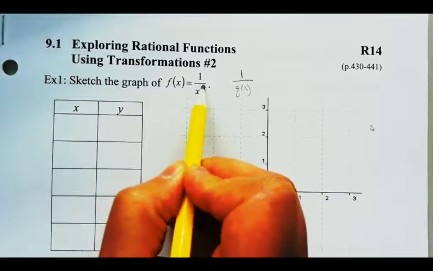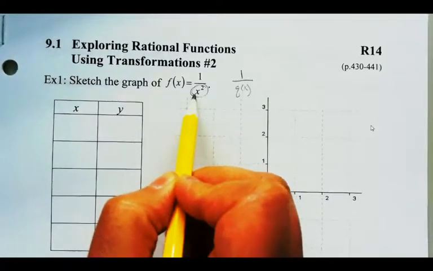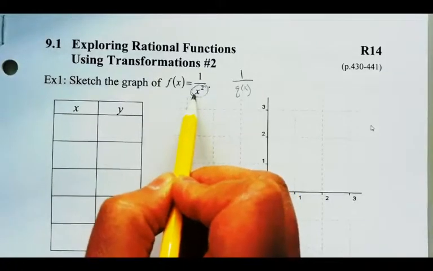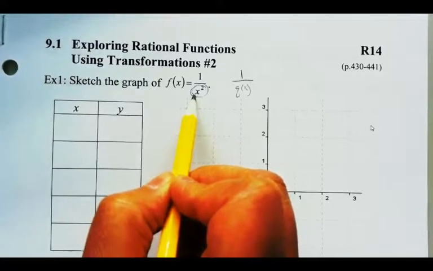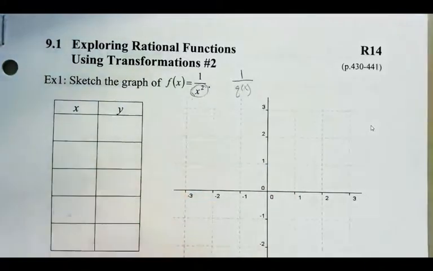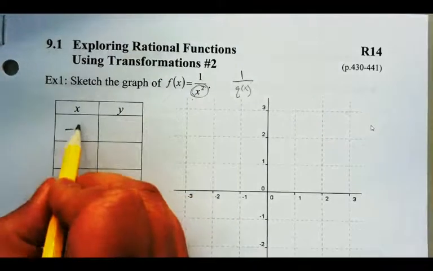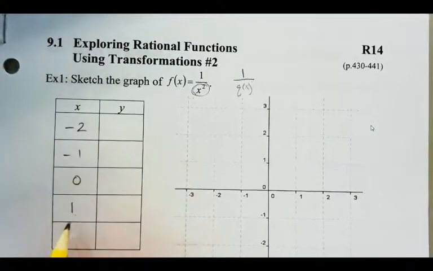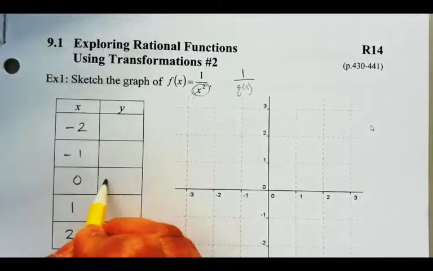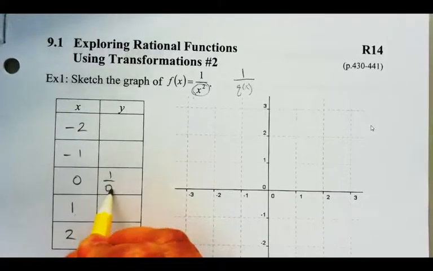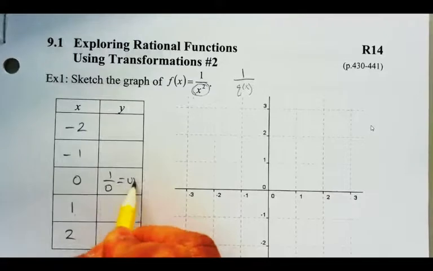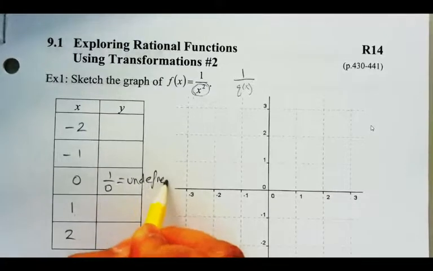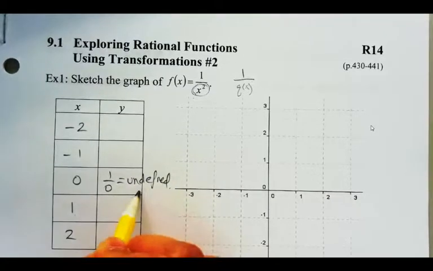What do you notice about x squared? What could it never be? 0. It can never be equal to 0, right? So if I were to choose a couple of x values to put in here, what do I notice is going to happen here? This is going to be 1 over 0, which is undefined, right? So what does that mean in terms of the graph here?